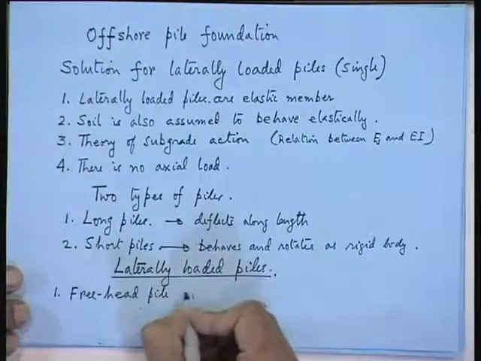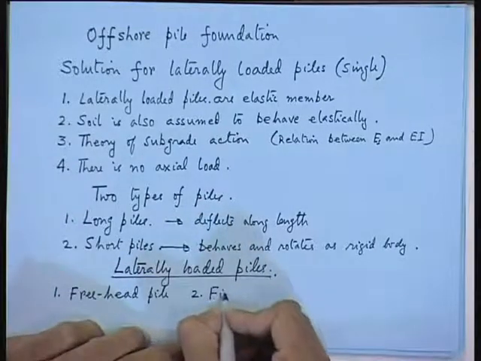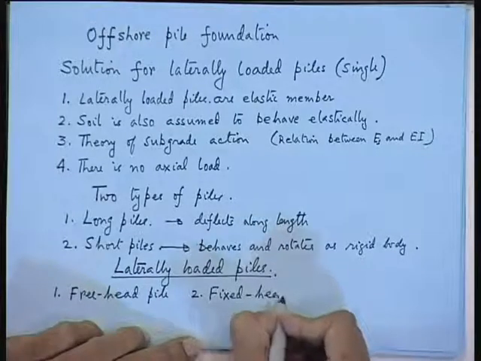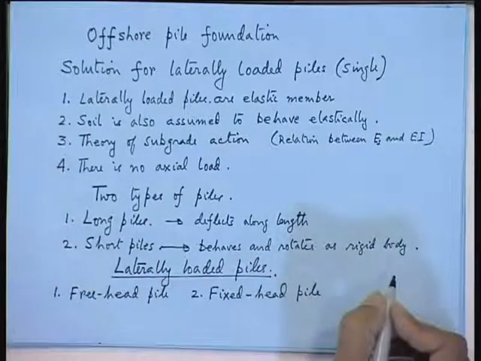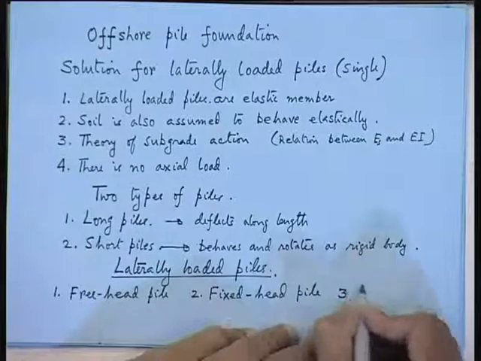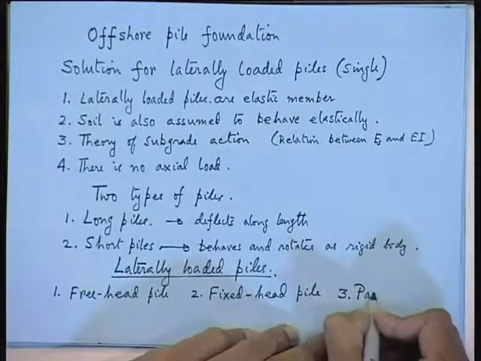The other one is called a fixed head pile. The pile head I have already defined, that is where it is entering the soil. And the last category is called a partially restrained pile head.